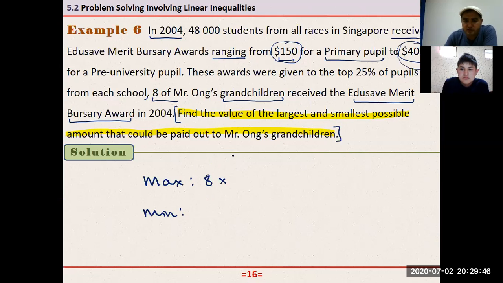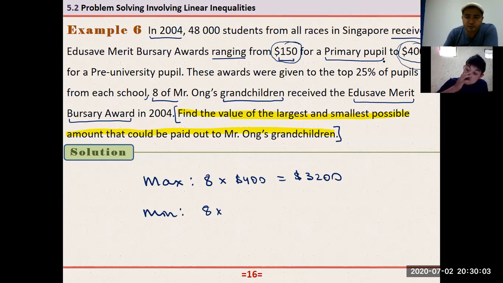Now assume that all the students are receiving the maximum amount. That is $400 maximum. 8 times 400 is $3,200. Now imagine all of the grandchildren are studying at primary school. If they are pupils at primary school, then each student should receive $150. So here we have $150 times 8, which is equal to $1,200.